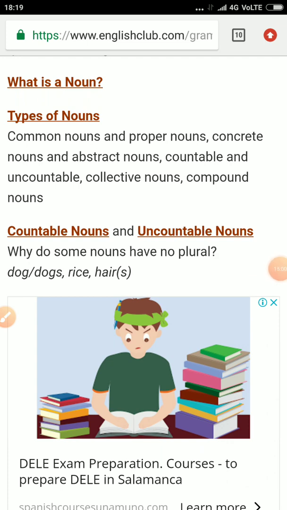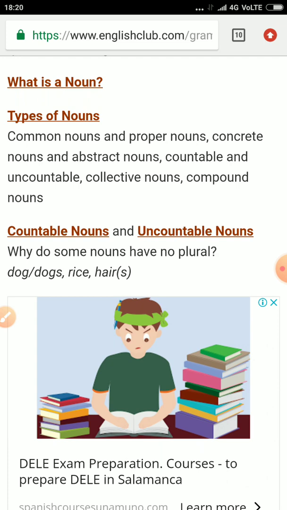See, parts of speech is not that easy for a class 6 or 7 student. We have so much explanation and classification. Even pronoun has different kinds, then adjective, verb, adverb, preposition, conjunction, interjection.